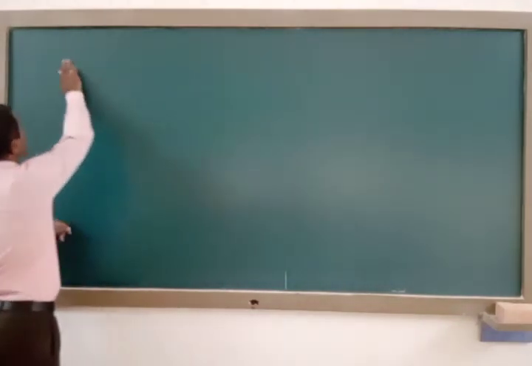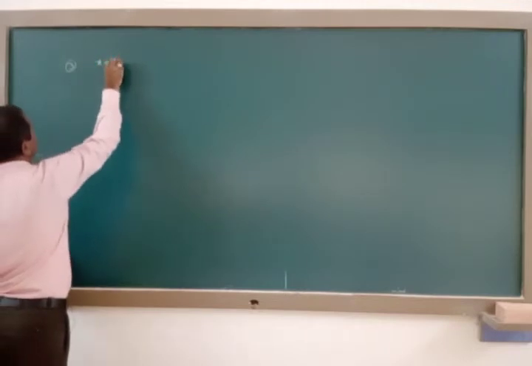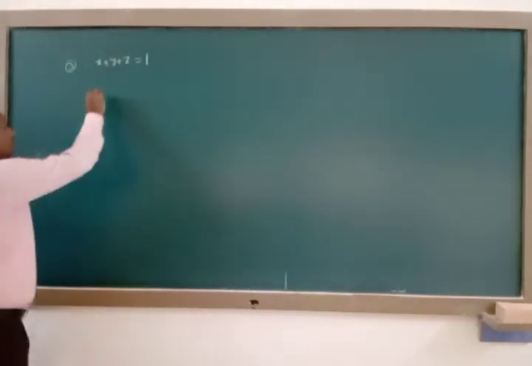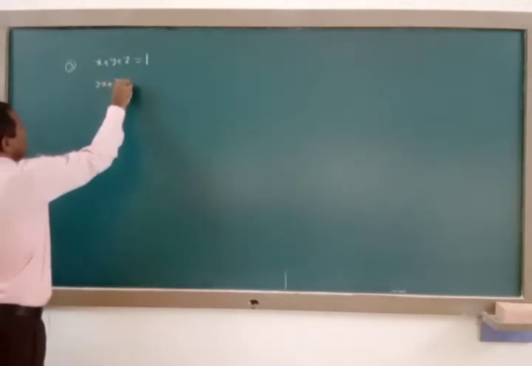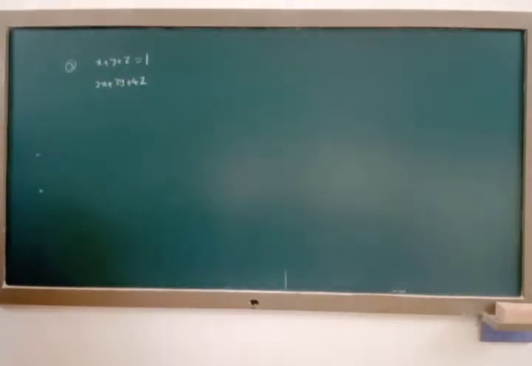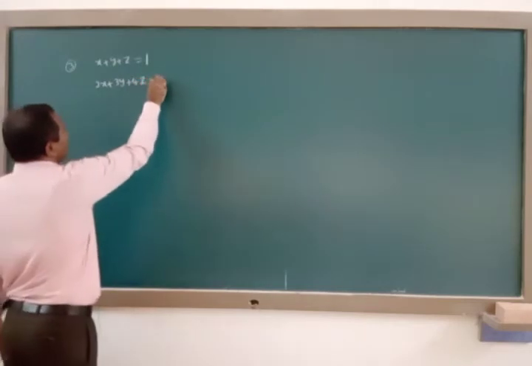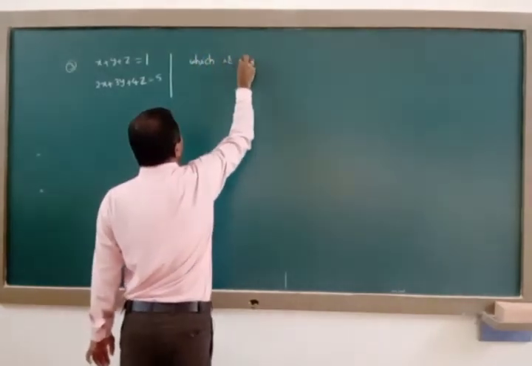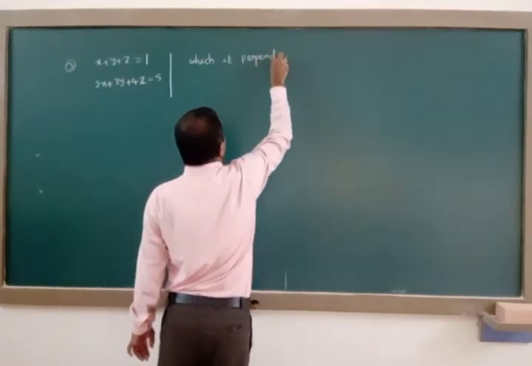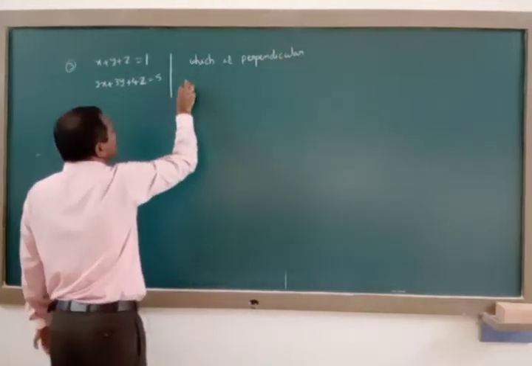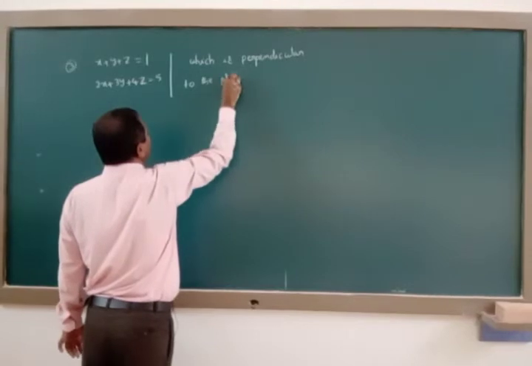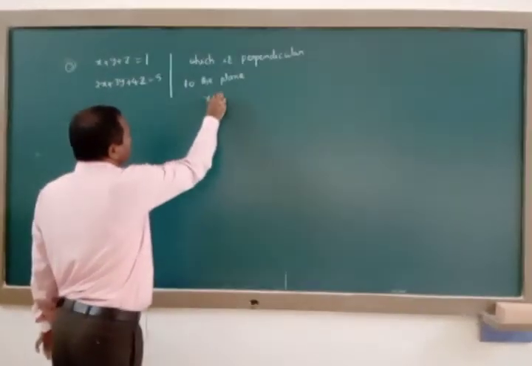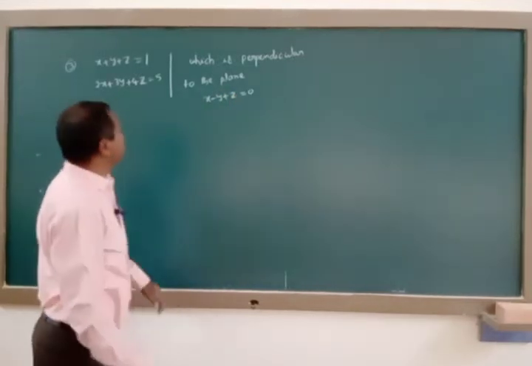The first plane is x plus y plus z is equal to 1, and the second plane is 2x plus 3y plus 4z is equal to 5, but which is perpendicular to the plane x minus y plus z is equal to 0. But what equation are they asking?